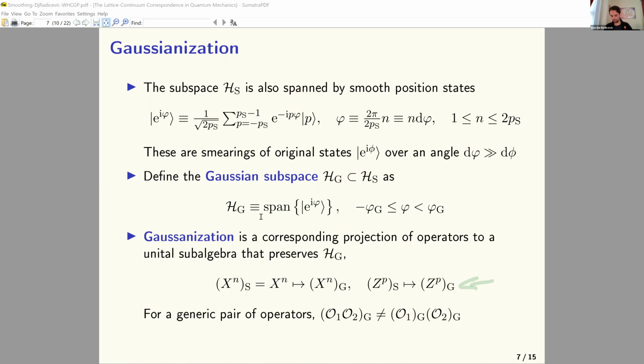You have to worry about both position shift and clock operators becoming something slightly non-trivial after you project. But in principle, you can still have explicit control over everything. And importantly, again, for generic operators, it is still true that a product of operators before Gaussianization is not the same as the product of Gaussianized operators. That's a fundamental thing, which will be important for deriving things like canonical commutation relations, as you may foresee already.